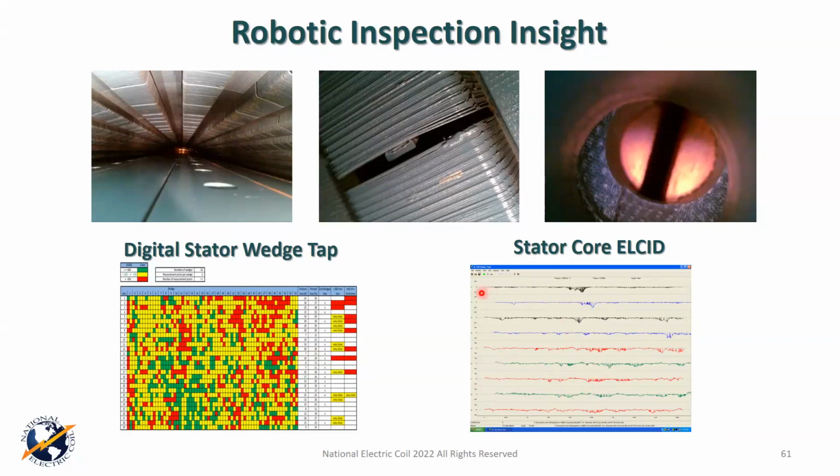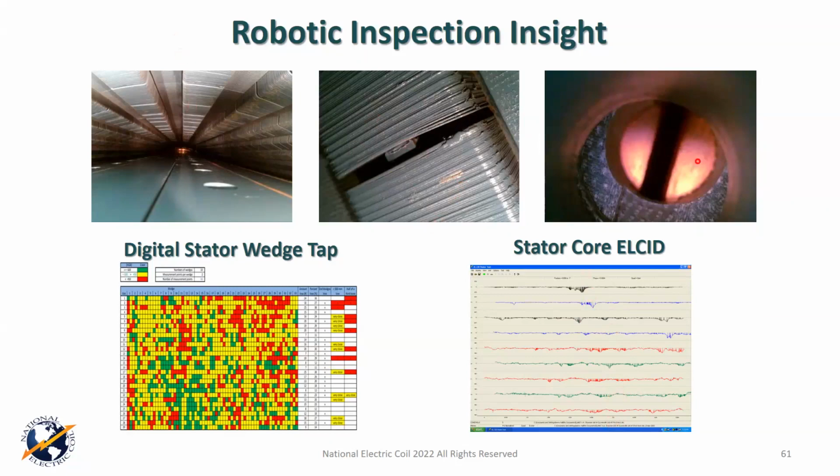It's hard to see the scale, but the line where my cursor is at, that's 400 milliamps, and you can see there are a number of peaks that are getting really close. Some of them were well over 300 milliamps, so this core had some serious problems, okay, and had to get some other work done to it. But this is what the robotic inspection can do for you.